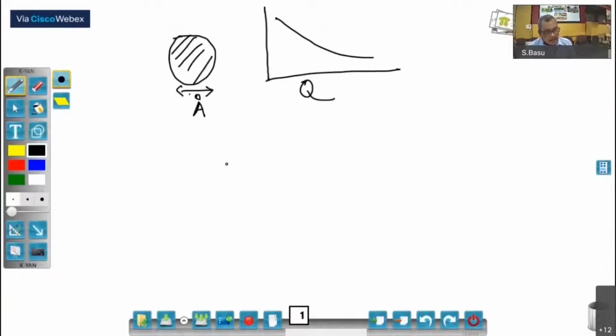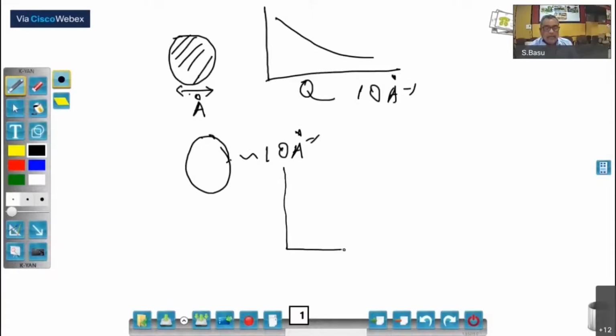If I translate the whole structure to a much larger structure, this will be maybe in the range of 10 angstrom inverse Q range, this will fall. Now if I go to a size which is at micelle, then this form factor will fall much faster at a lower Q range.